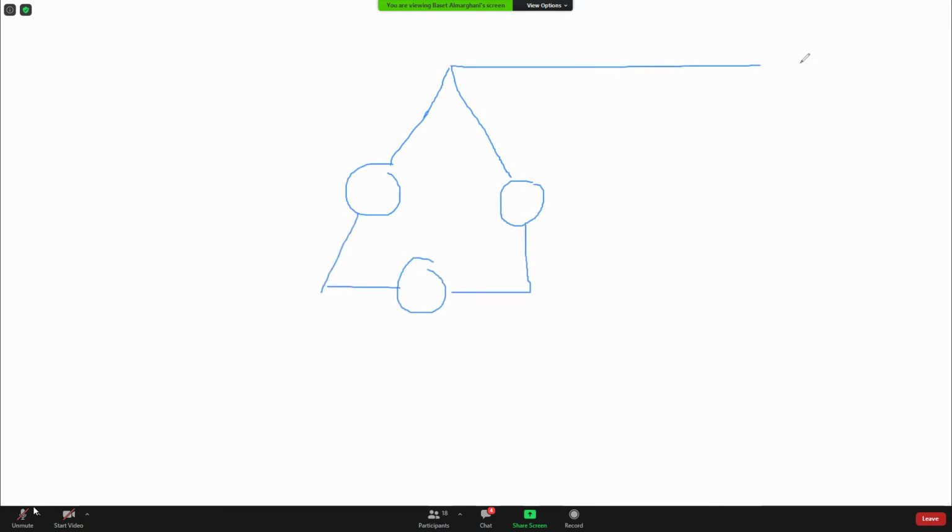So this is the connection delta, the way it looks as delta. So this is A. Say B and C.